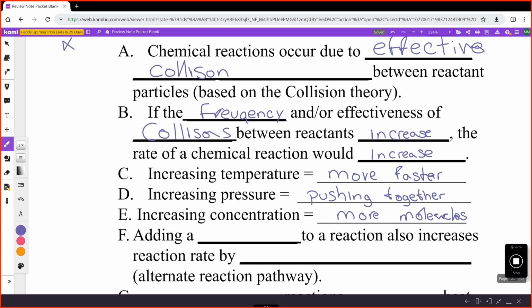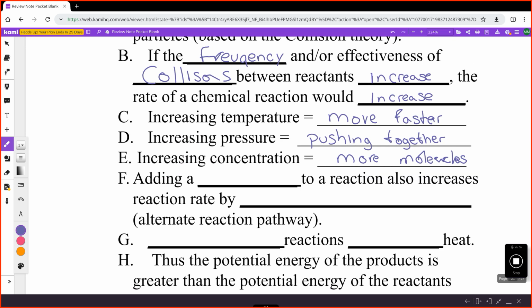Now, the one that doesn't have to do with environmental factors, but has to do with chemistry, is adding a catalyst. What a catalyst does is it improves the likelihood of an effective collision, whether it's orientation or energy.